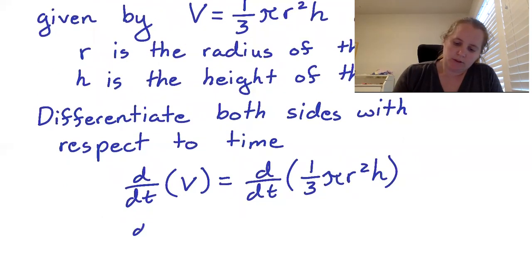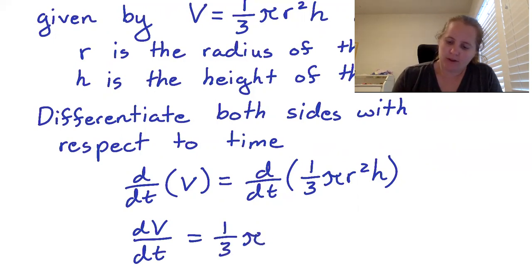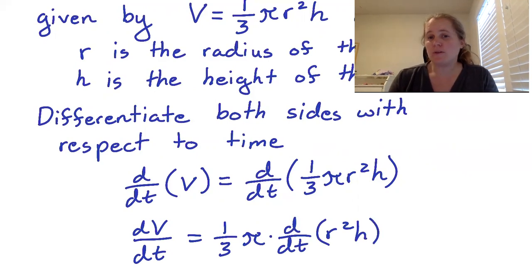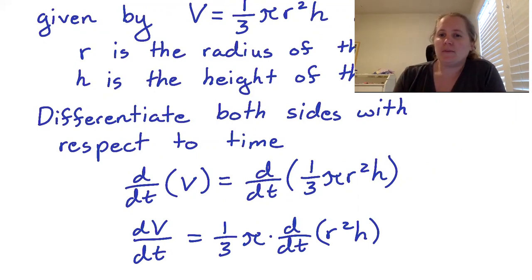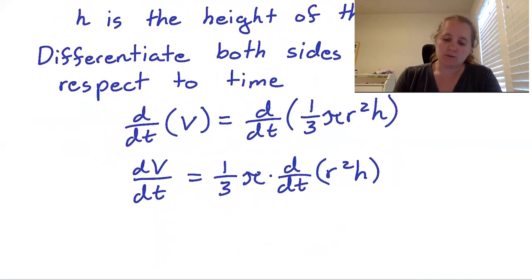On the left, we just have dV/dt. And on the right, we will have 1/3 pi, and then we'll have to do the derivative of r squared h. Now this is a product rule, as unless they tell us that height doesn't change or that radius doesn't change, then we're stuck viewing both r and h as two separate functions of t. So we will do the product rule.